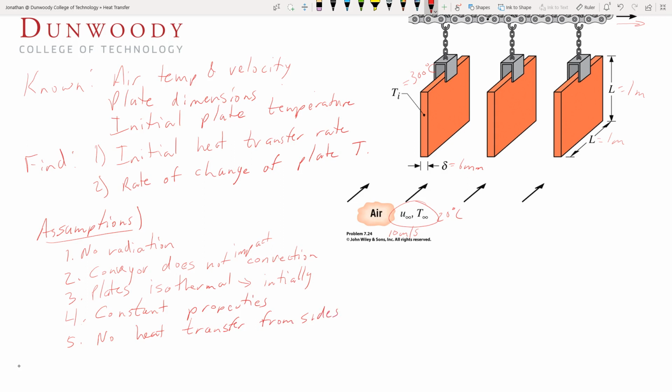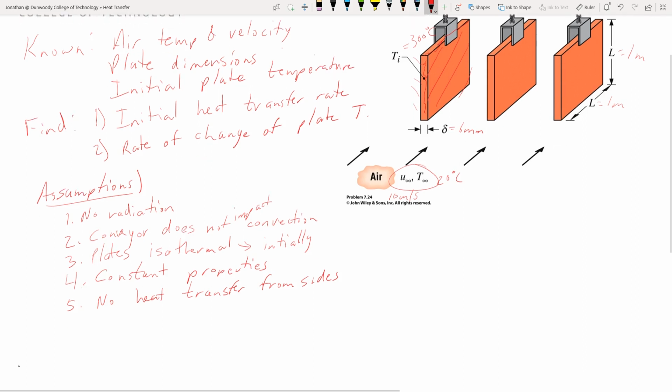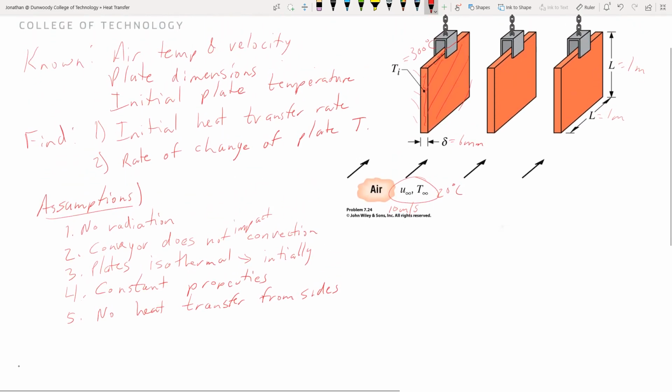So these edges are small. So this little bit here is not going to give us much heat transfer. And if we looked at the area, that would be a pretty small percentage, even if we did include that bit. So we're only looking at these giant 1 meter squared and the corresponding piece on the back side of this guy. Those areas, not the edges, not the 6 millimeter by 1 meter times 4 edges on each of these plates.